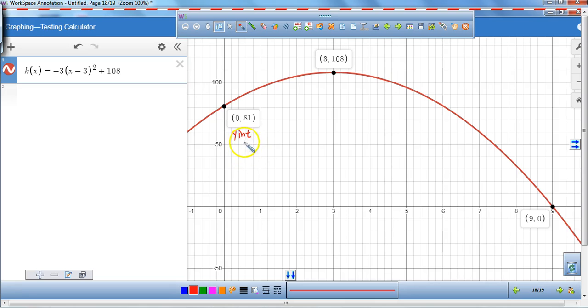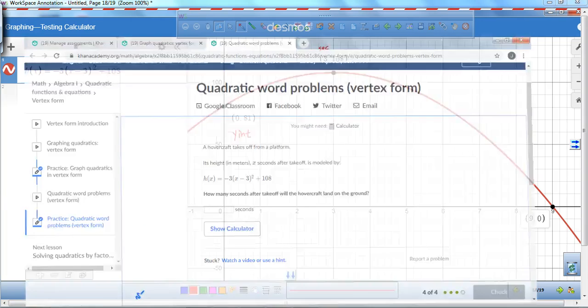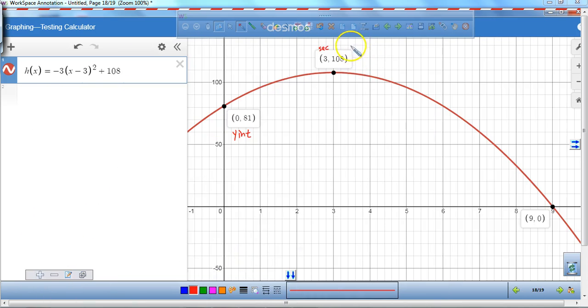That's how high off the ground the hovercraft was before it went into the air. 3, 108: after 3 seconds, it went up to a height of 108 meters. So that's our maximum. And way over here at 9 seconds, we are at 0 meters. It took 9 seconds for it to hit the ground.